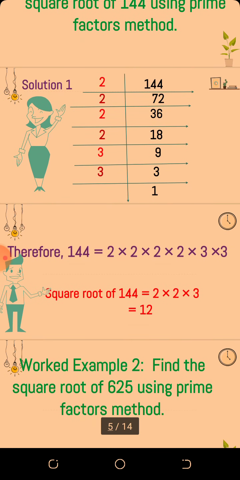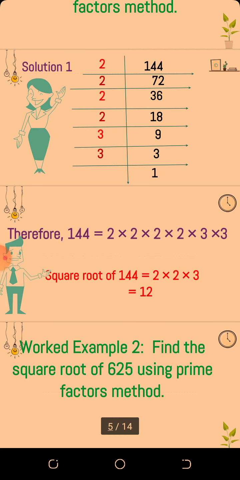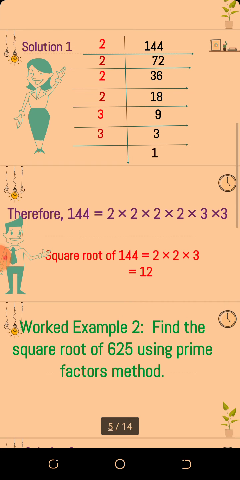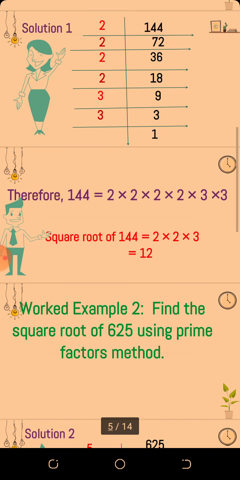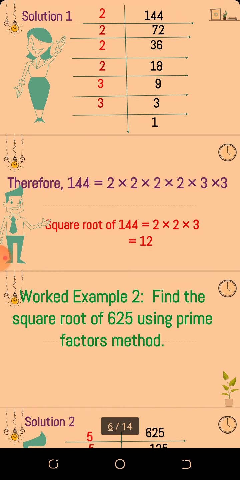Given 144, 2 can go in 144. 2 will go in 144 72 times. Since 2 can still go in 72, 2 will go in 72 36 times. 2 will go in 36 18 times. 2 will go in 18 9 times.